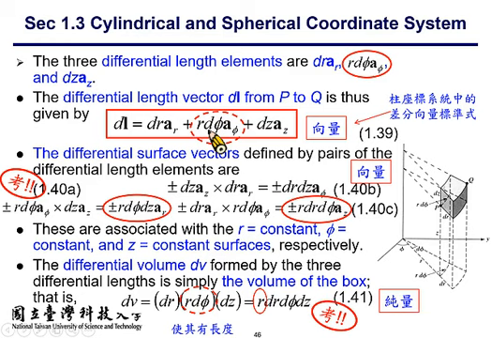And the region is a sector, expanded by dr and r d phi. So the differential surfaces are somewhat different from the ones in the Cartesian coordinate system. Finally, the differential volume description is dr times r d phi times dz. So you have an r in front for the differential volume description in the cylindrical coordinate system.